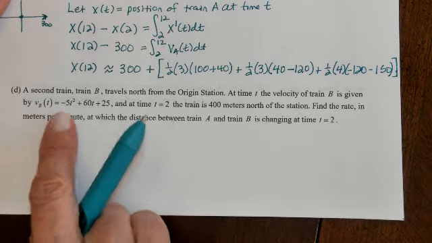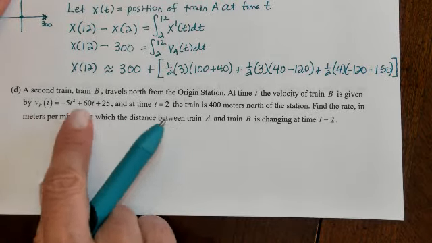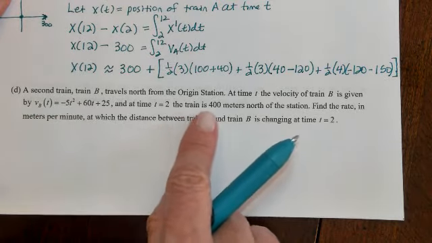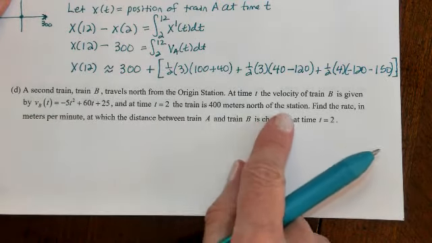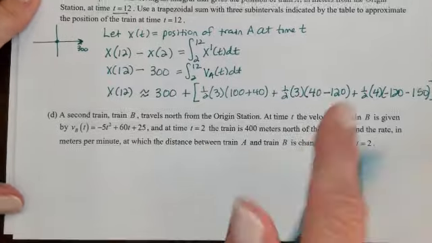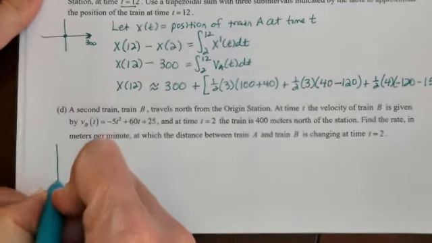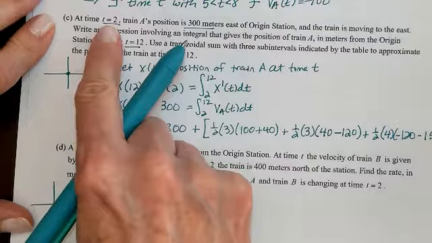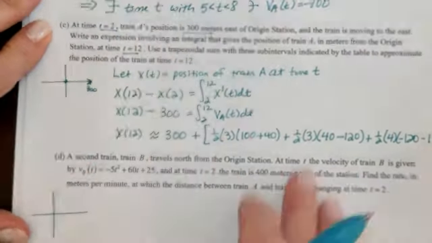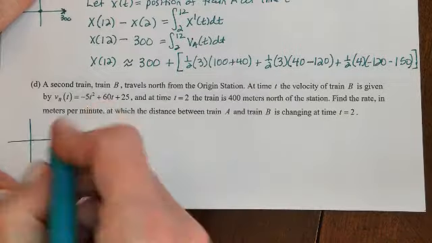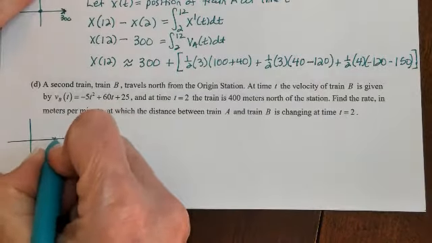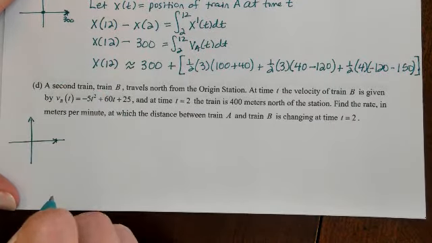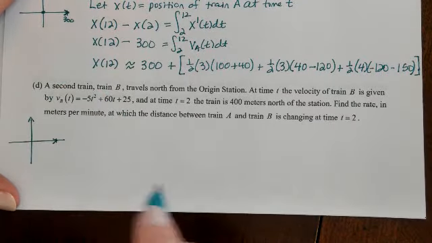Okay, so they're giving me a function for the velocity of B. And at time 2, the train is 400 meters north of the station. So I'm going to draw this again. So it's still at time 2, and we were given A's position at time 2, right? So at time 2, A is right here, and B is up here going north, right? It's going north.